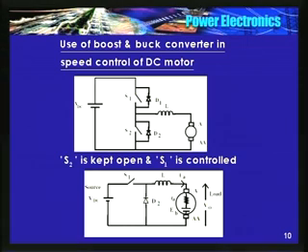Okay, when D is equal to 1, V0 is equal to VDC, but V0 is equal to IARA plus EB. So therefore EB, the back EMF, is always less than this VDC source voltage.